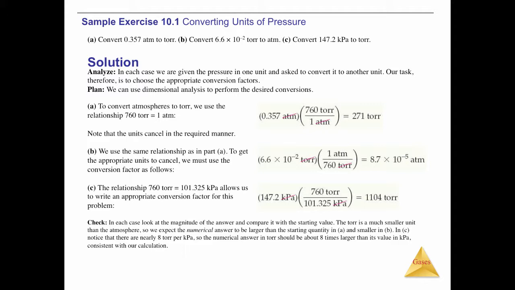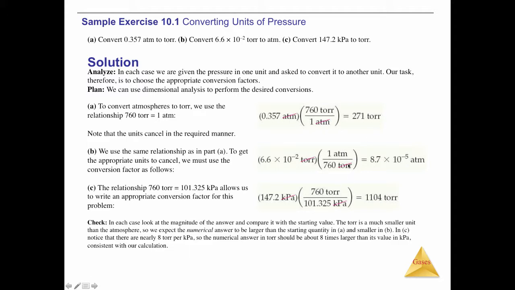We're using factor labeling or dimensional analysis, whatever you want to call it. In the first problem, we're using a conversion factor that says that 1 atmosphere is equal to 760 torr. Again, you should become familiar with standard atmospheric pressure in several different units that are outlined in your book. So here we have atmospheres converted to torr.